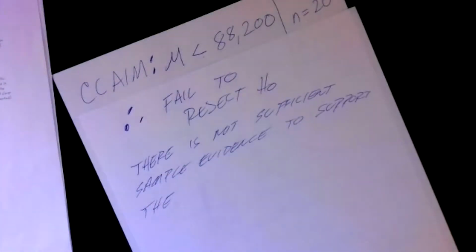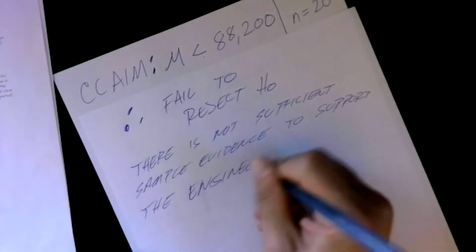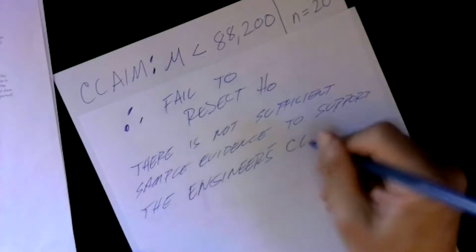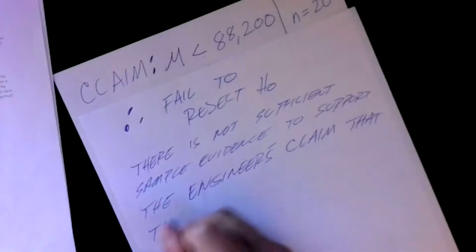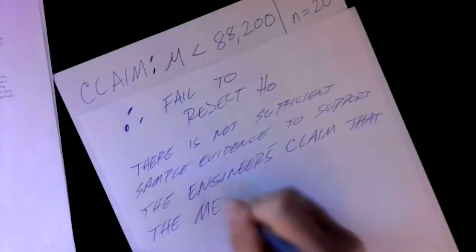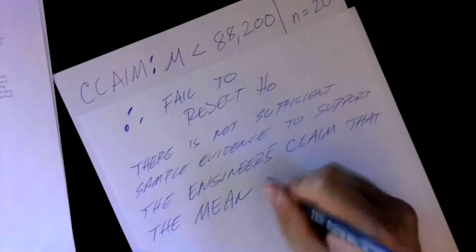There's not sufficient sample evidence to support, we should say who we're talking about here, the engineer's claim that the mean, make sure you get the parameter in there, we're talking about mean engineer salary.